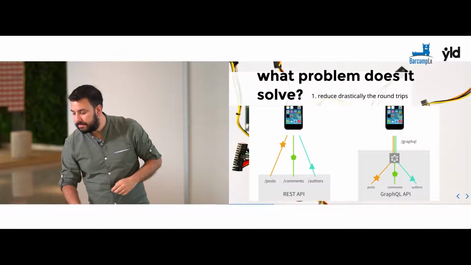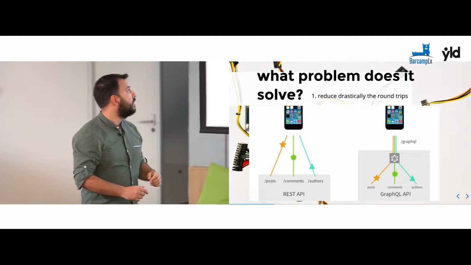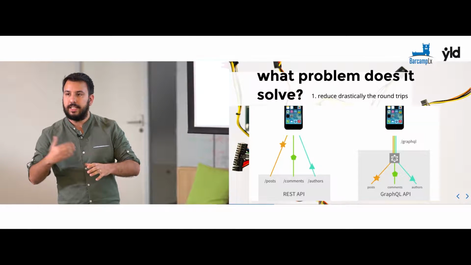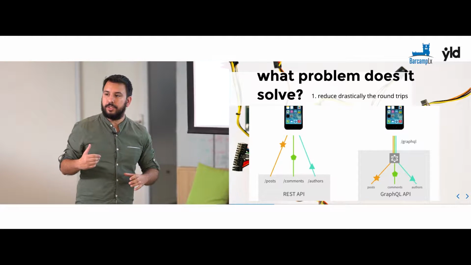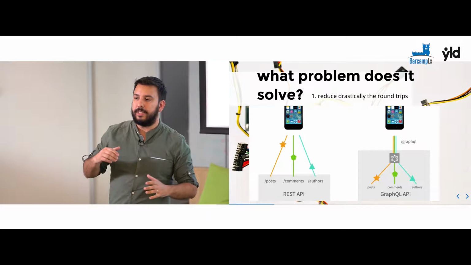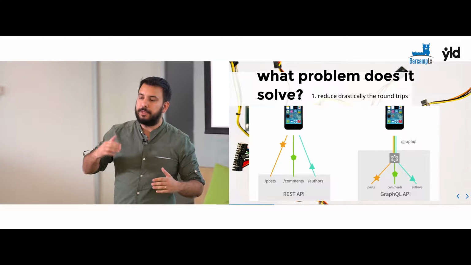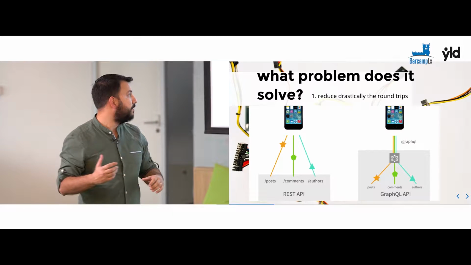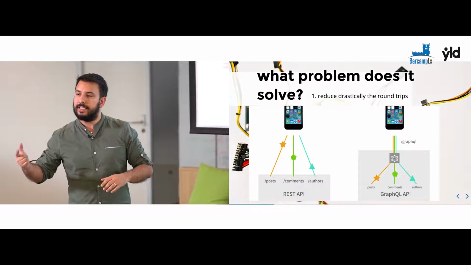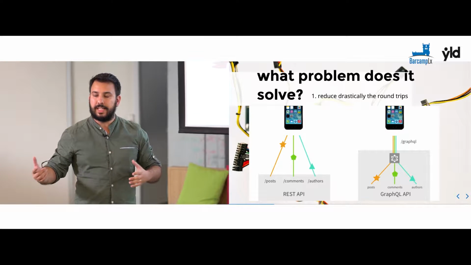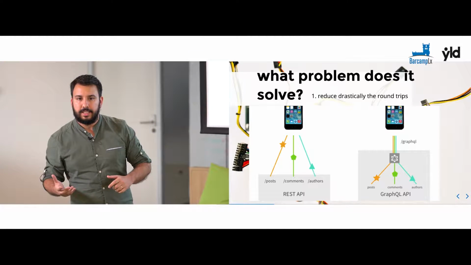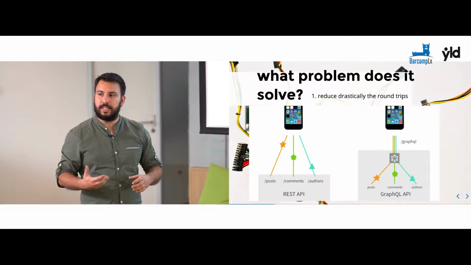And what problem does GraphQL solve? It reduces the round trips between the client and the server. So imagine that you have a server with a lot of endpoints, like microservices, and your client has to go there and get that data and assemble it from, for example, 5 different endpoints, fetch it and assemble it in the client.